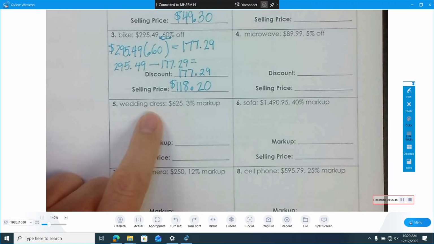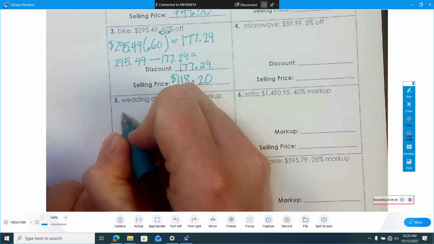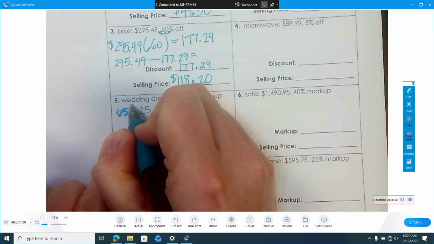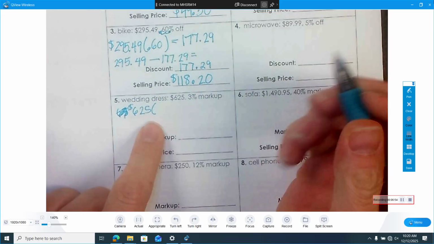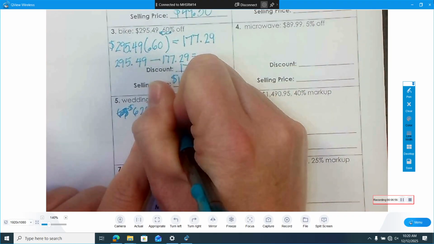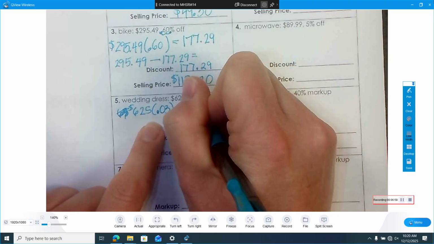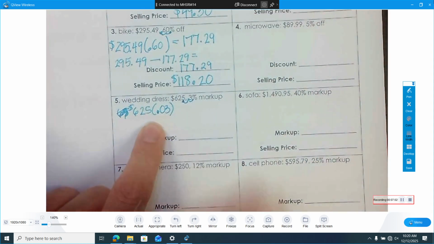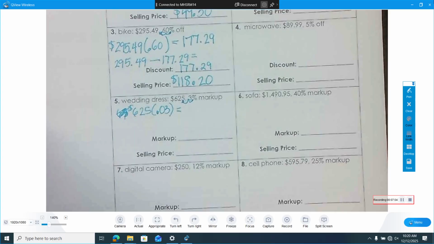So, again, we're going to multiply our price, $625, times what? 0.03. Very good. We've got to move that decimal 2 places. So 0.03.